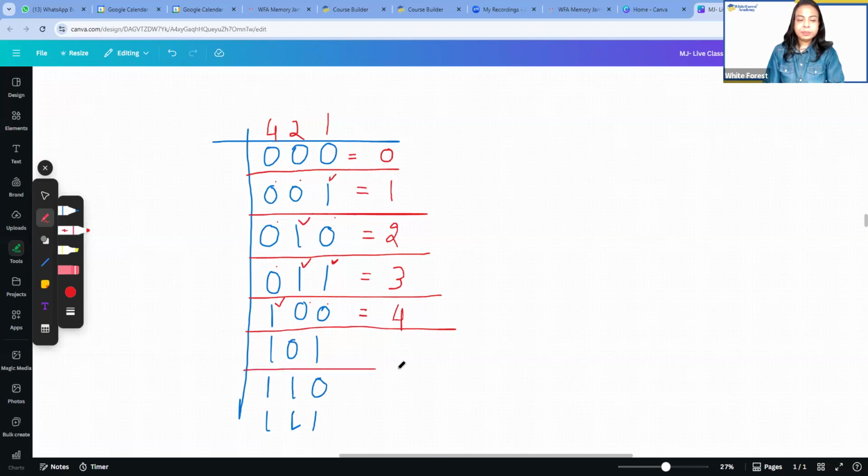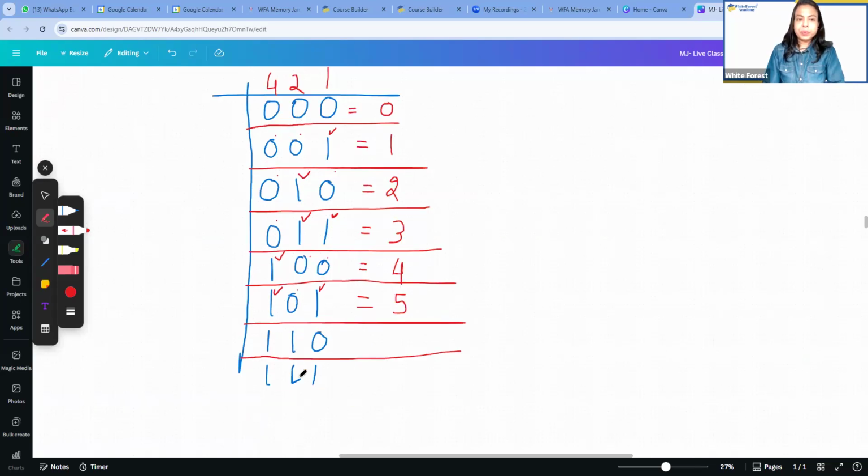What about the next one? This is 1, 0, 1, right? In place of 1, there is a 1. In place of 4, there is a 1. And here there is a 0. So what is this number then? 1 plus 4 becomes 5. What about this combination? 1, 1, 0.